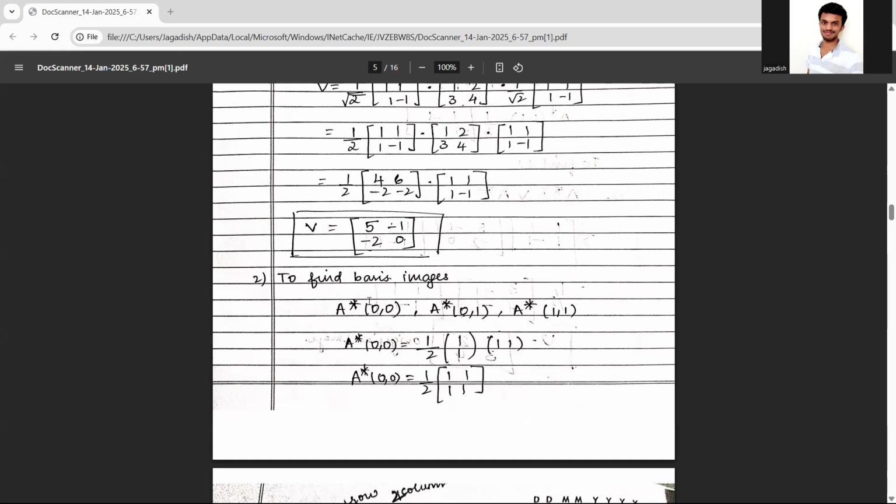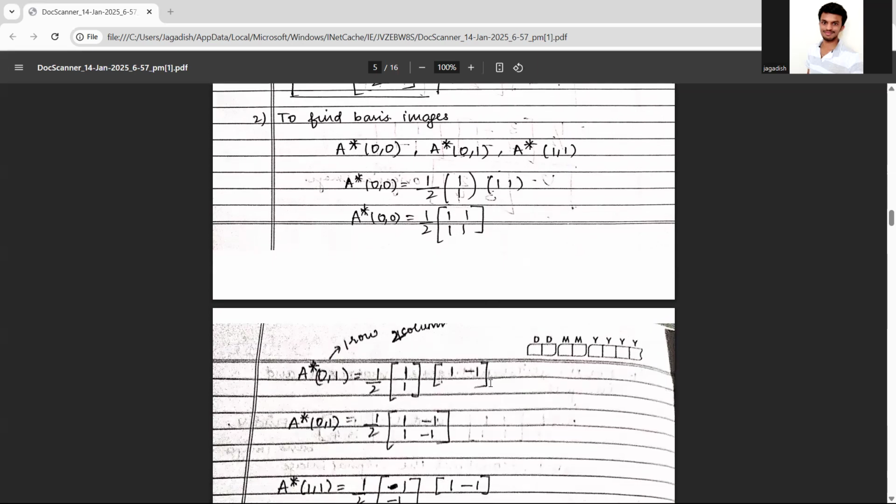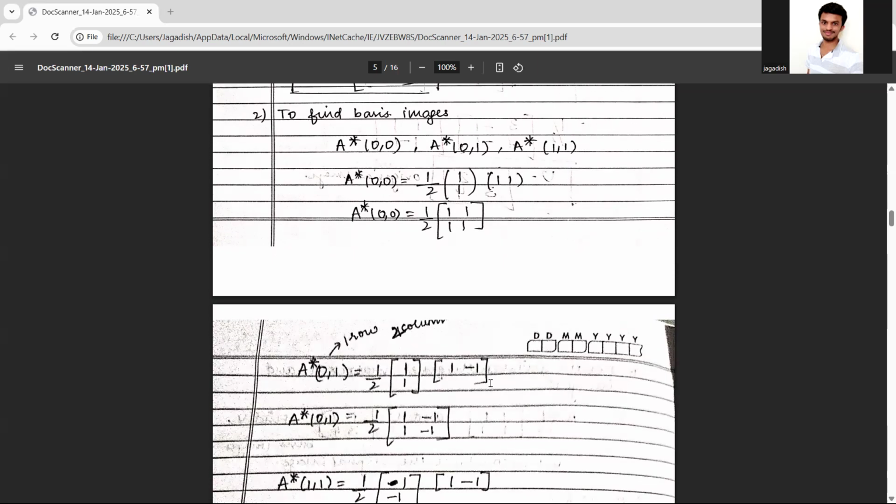This is nothing but your inner product. Whatever you write in the column, you have to write the same thing in the row also. So half into 1 1 1 1. This will be your A star 0 0, A conjugate 0 0.